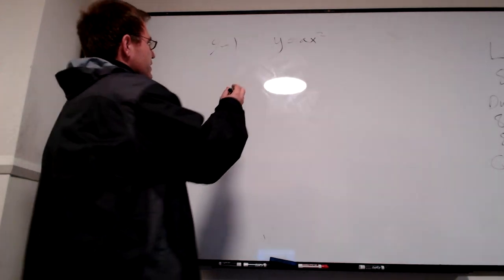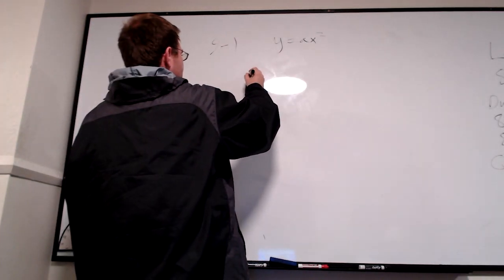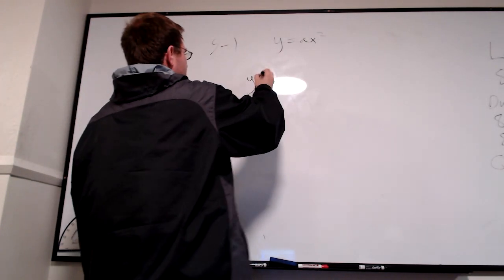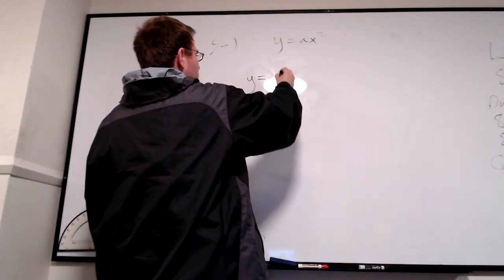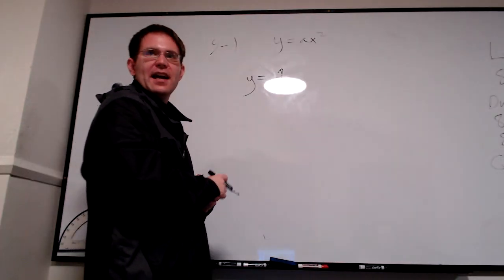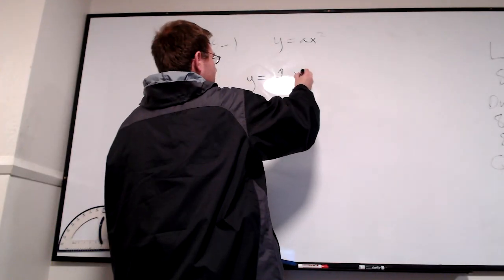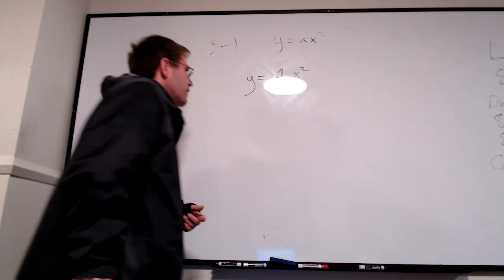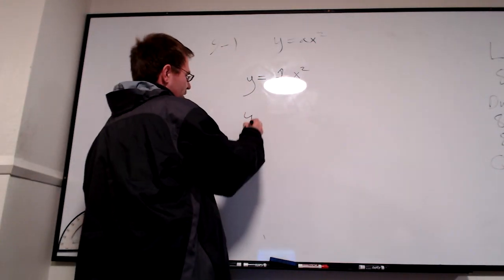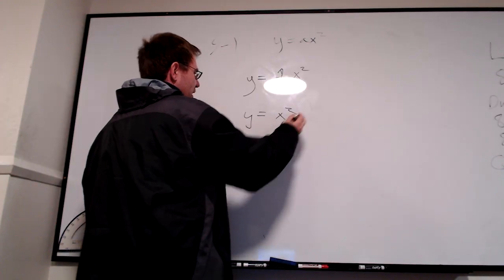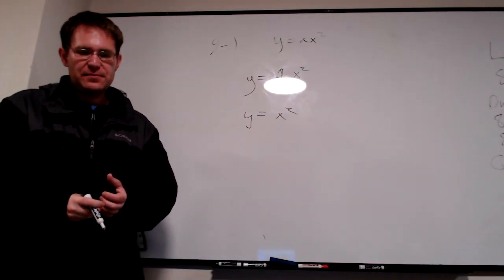Now, another way to think about it: we could have a simple version, where a could be 1. Then in the simplest form, we would just have y equals x squared. Does that make sense?